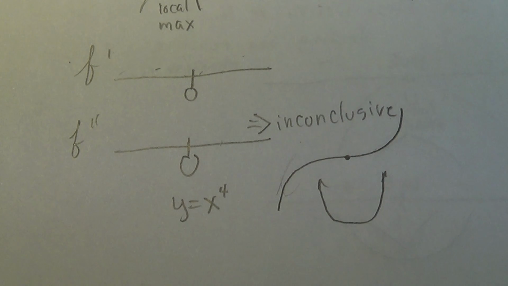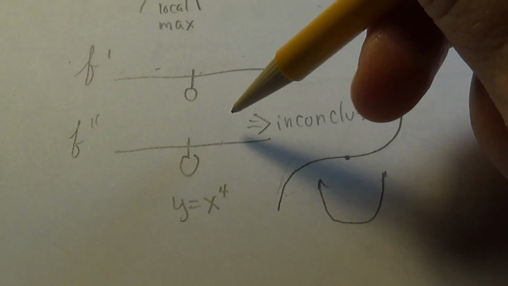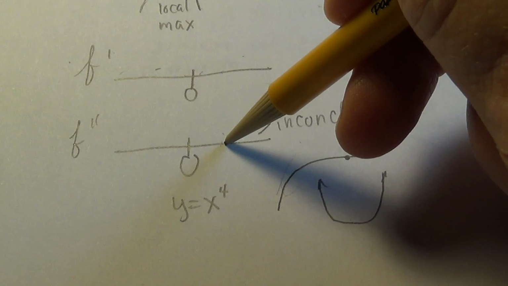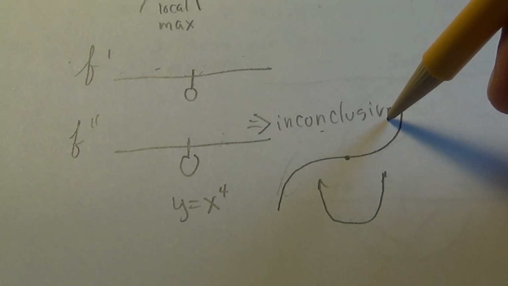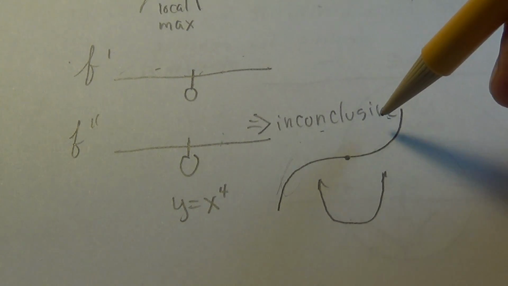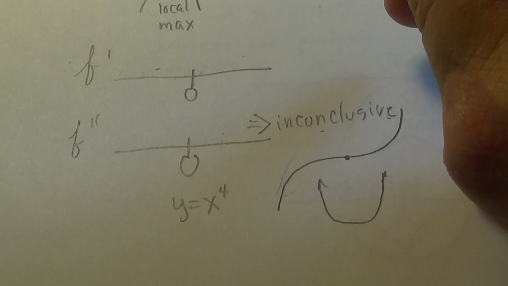So y equals x to the fourth actually could be a local min, but the second derivative test will not pick that up. It will give you an inconclusive result. So you'll have to go back and use the first derivative test.